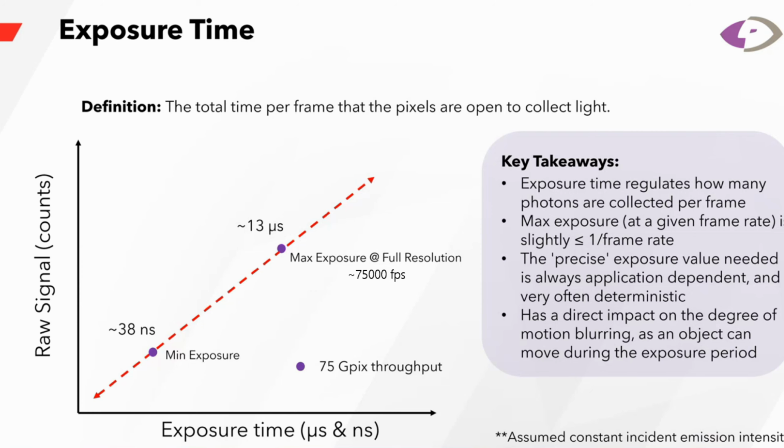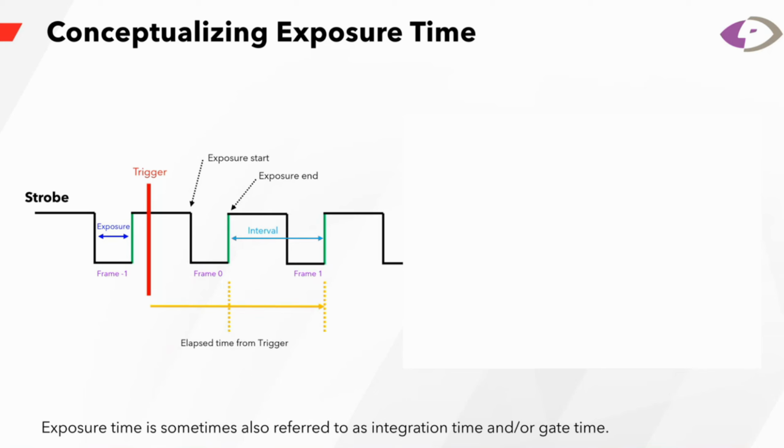Now, we like to conceptualize different aspects of the cameras using schematics. This is a very helpful schematic to understand your exposure time and your frame rate. This is a signal in the camera called your strobe signal, and the strobe signal is a 5-volt TTL signal that oscillates as a square wave in time.